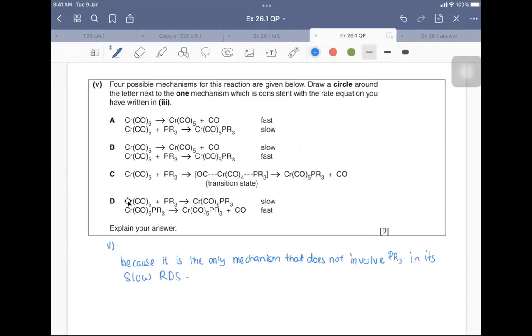Okay, and that's it. You will get 2 marks. 1 is for identifying which mechanism, and the second part is for explaining that PR3 doesn't appear in the slow rate determining step. So if you want to complete this question, you can pause this video.